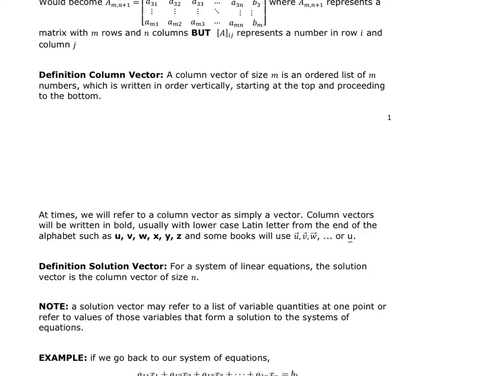All of these are notations for column vectors, or in other words, just a vector is what we're going to call them. And a solution vector, or the solutions to our equations, is a vector that satisfies all of the equations.